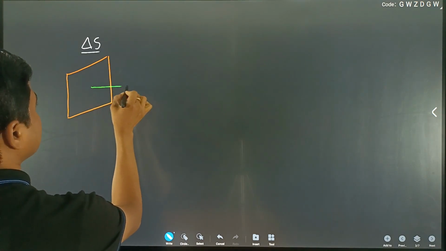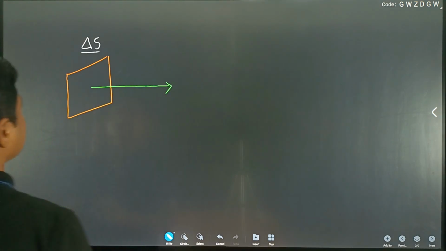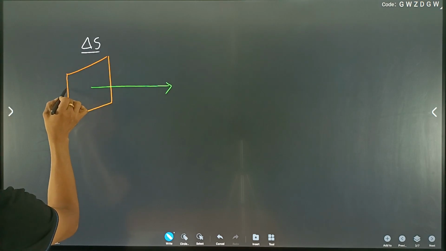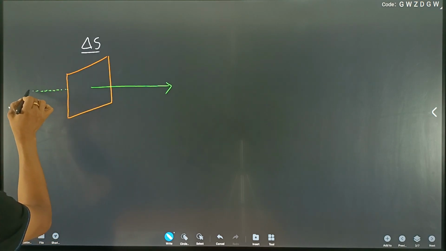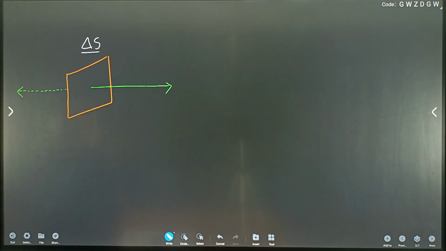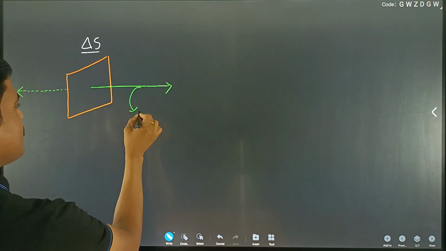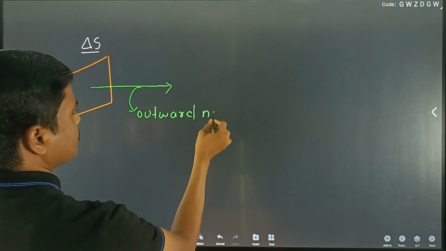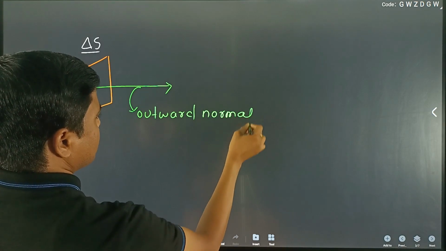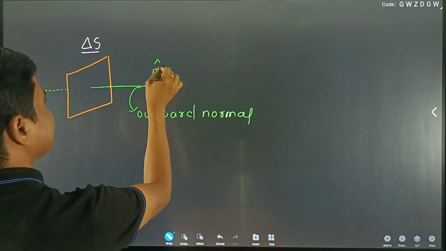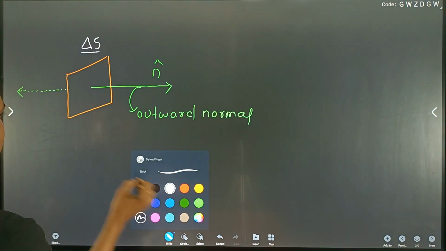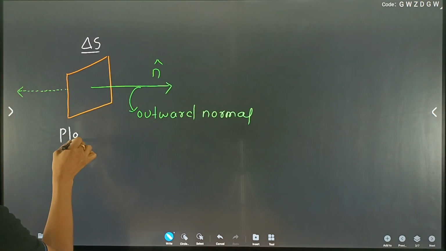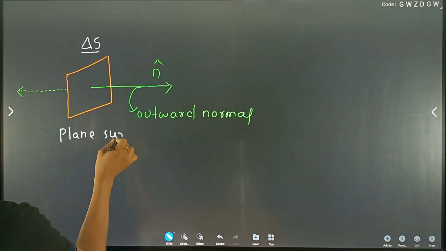This one is the outward normal, and we also draw a backward normal just like this. That means two normals are there. This one is the outward normal, and for this we write, suppose, n cap.